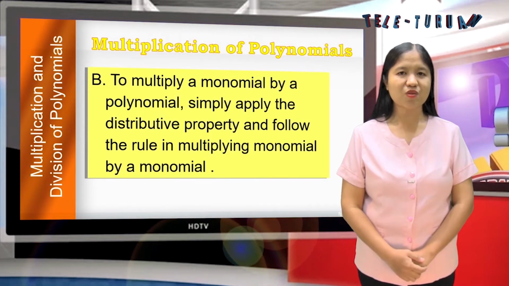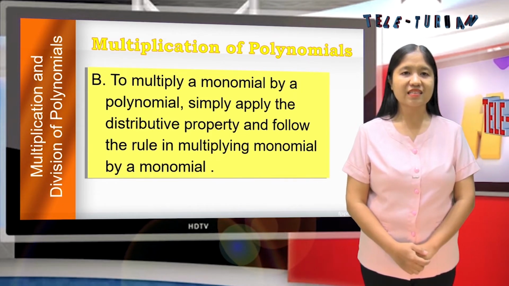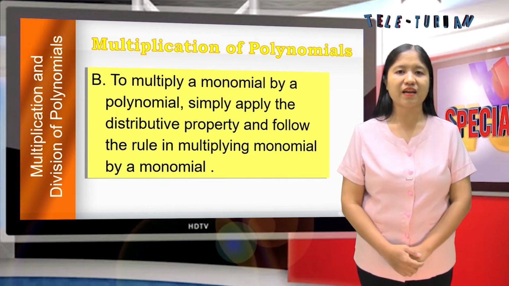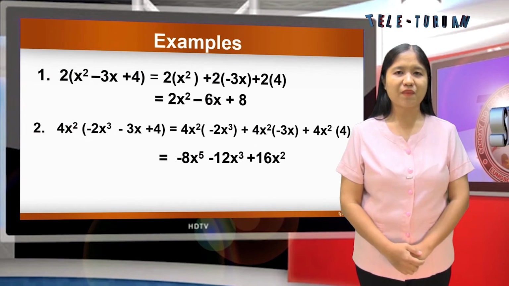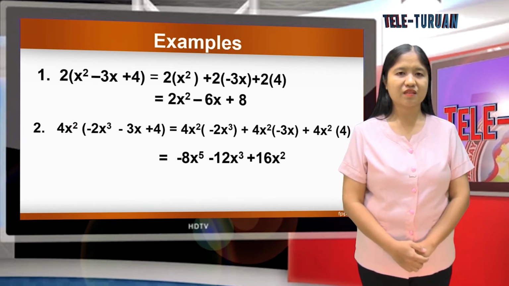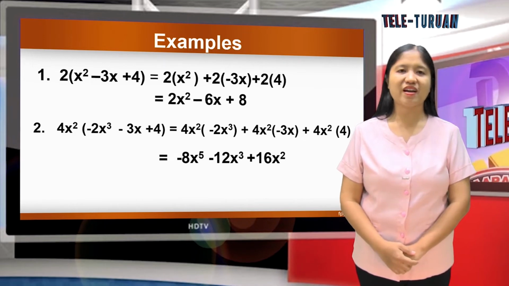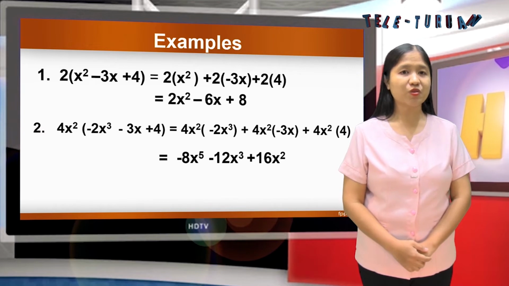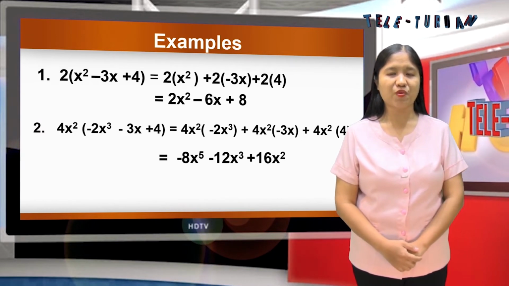Another technique is to multiply a monomial by a polynomial. Simply apply the distributive property and follow the rule in multiplying monomial by a monomial. Let us study and observe the following examples. How do we get the product? That is correct. For number 1, we multiply 2 to each term of the polynomial x squared minus 3x plus 4.